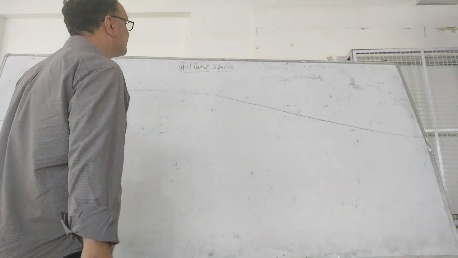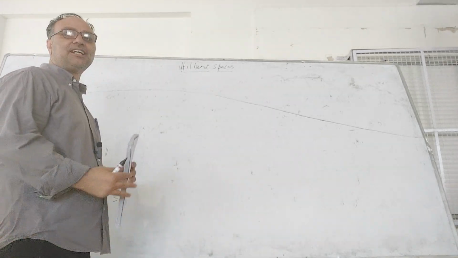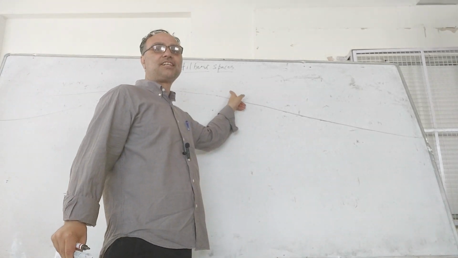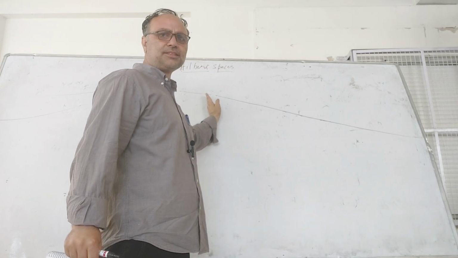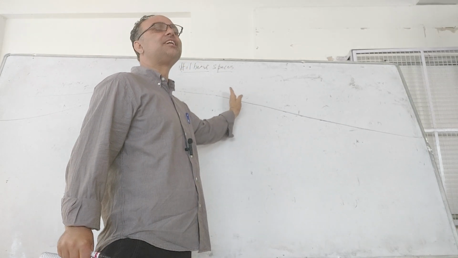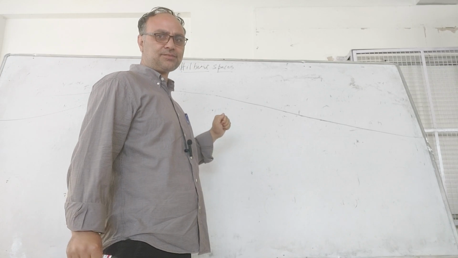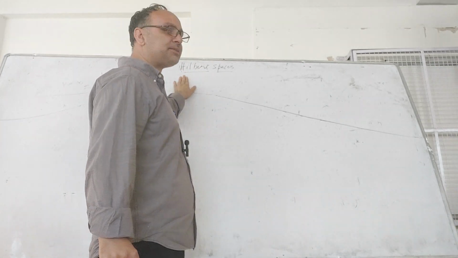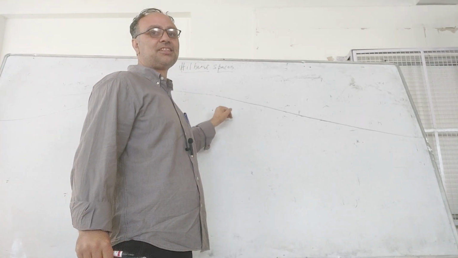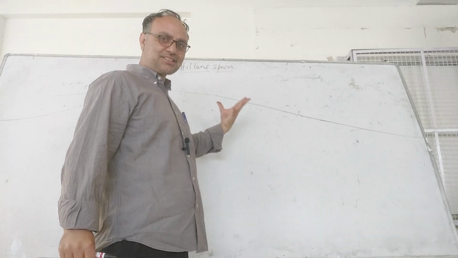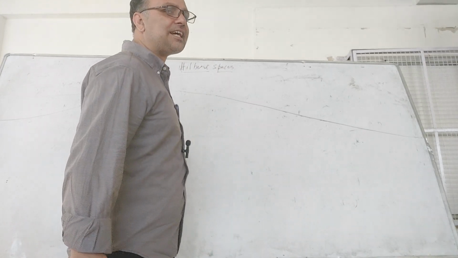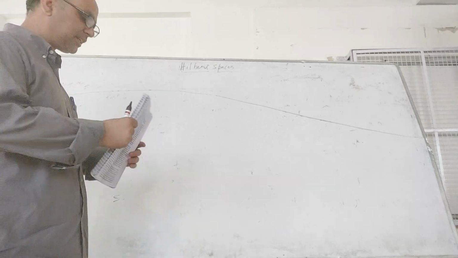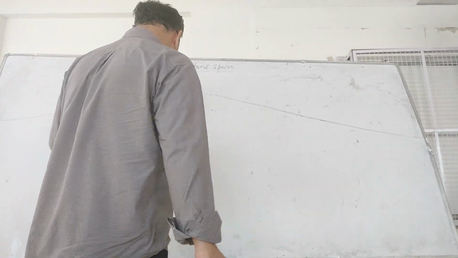How can we study Hilbert spaces as a generalization of finite dimensional vector spaces? We would say Hilbert spaces are infinite dimensional vector spaces, and we can study them as a generalization of finite dimensional vector spaces.